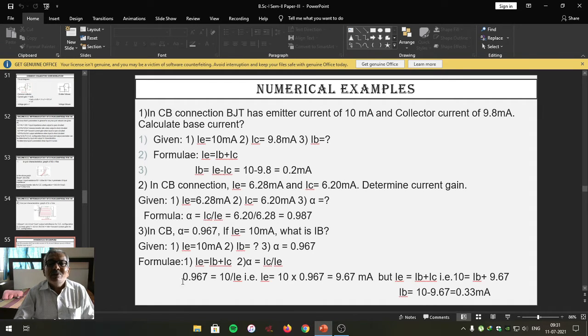Here IE is equal to 10 milliampere. So first of all, we are using the formula that alpha is equal to IC upon IE.